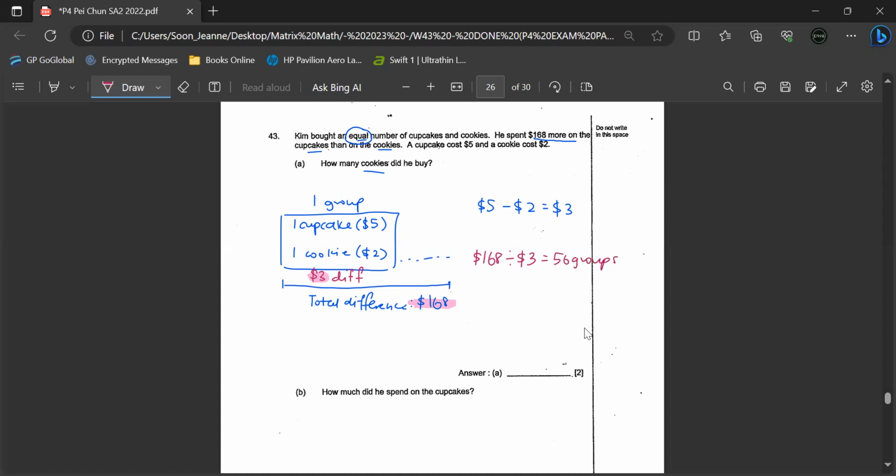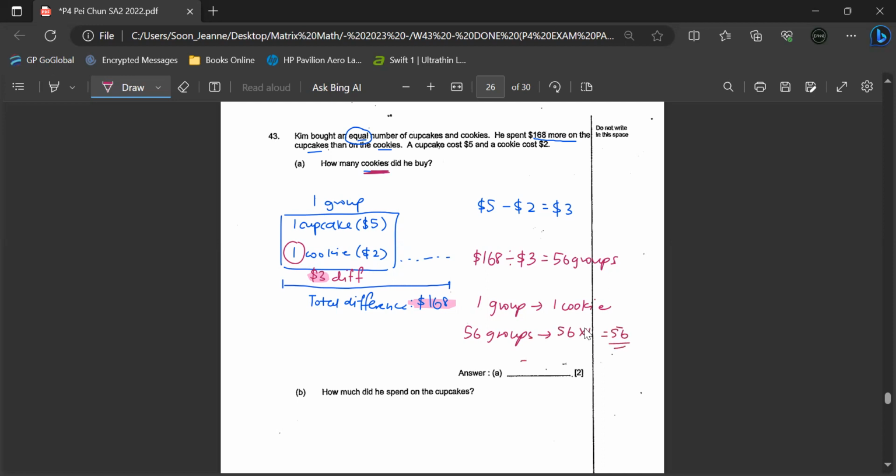Okay, so the question is asking you to find out how many cookies did he buy, right? You know that 1 group has actually 1 cookie. Okay, so 1 group, 1 cookie. So I have 56 groups, right? How many cookies altogether? 56 times 1.